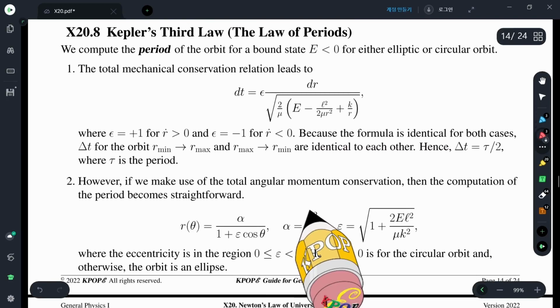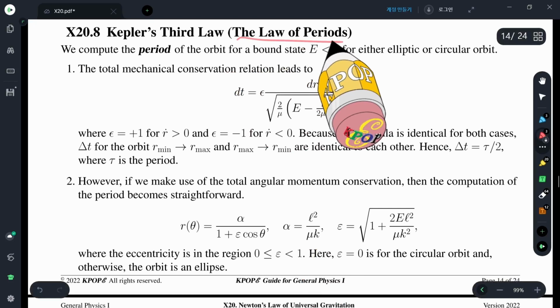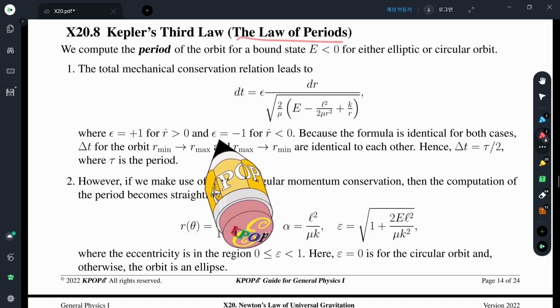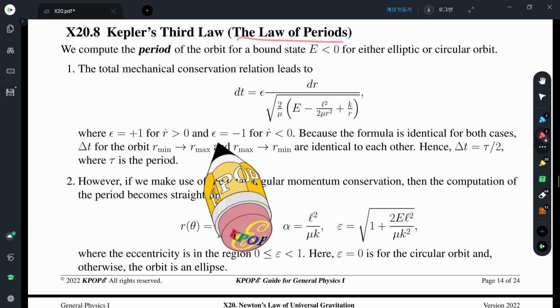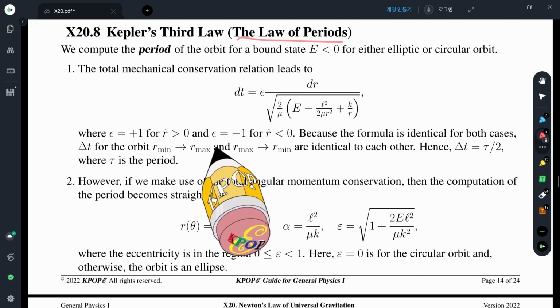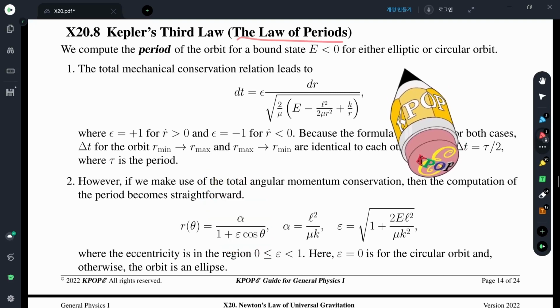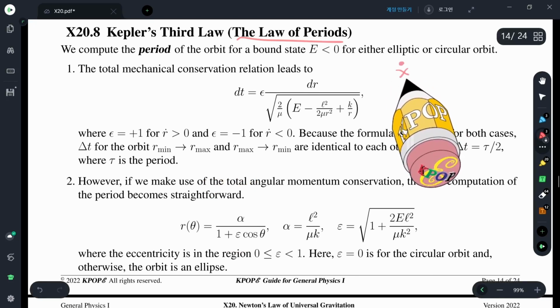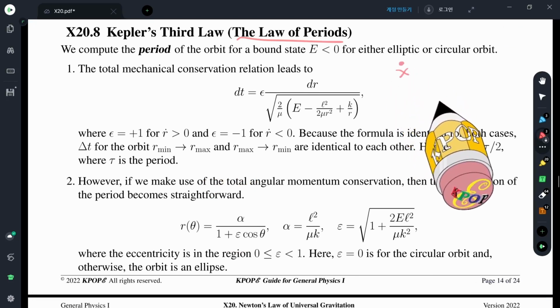Kepler's third law is the law of periods. For the law of periods, we can make use of the approach we used when we derived the solution for the simple harmonic oscillator. We made use of energy conservation. From energy conservation, we found the velocity and divided the motion into 4 pieces.